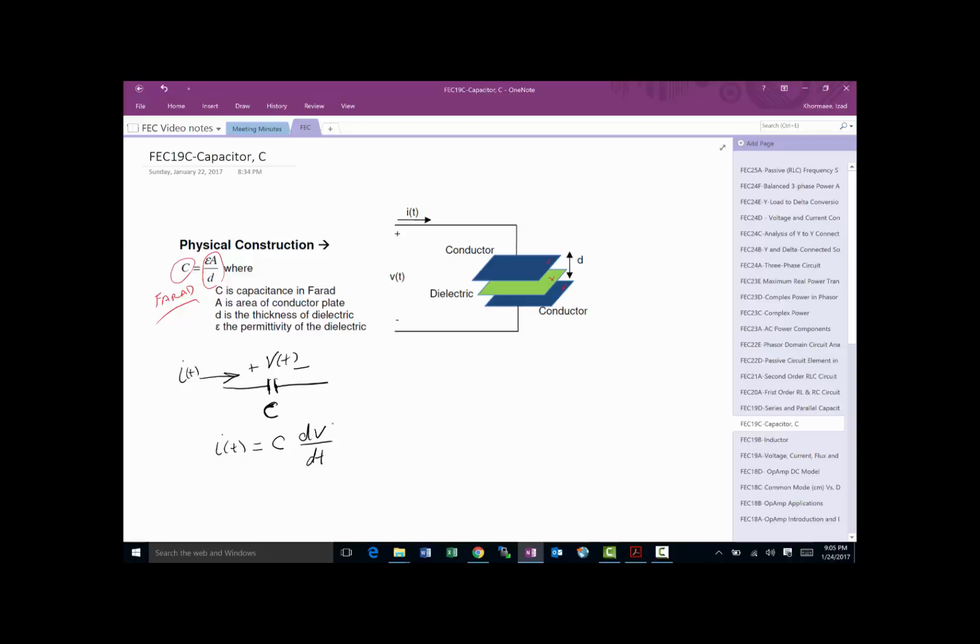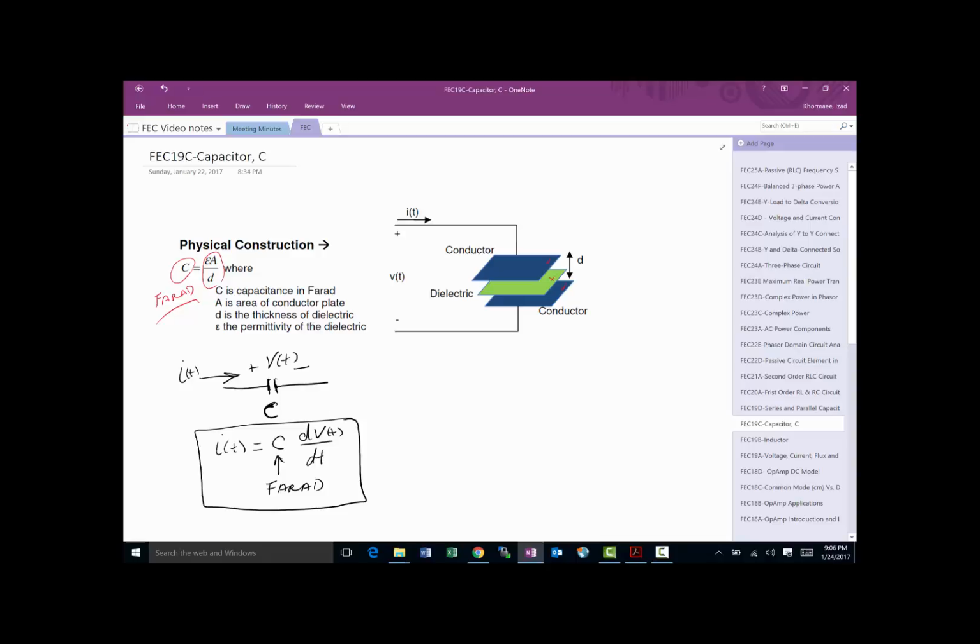So voltage is measured in volts, I is measured in amps, and C, of course, the unit is farads. So farads is what we use to measure capacitance. Great. Now, this equation to a capacitor is every bit as important as Ohm's law was to the resistance.